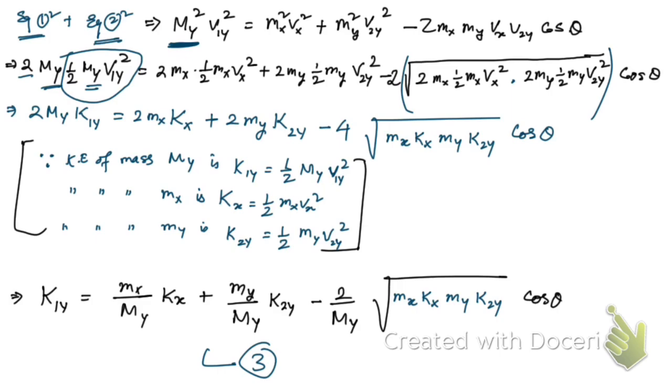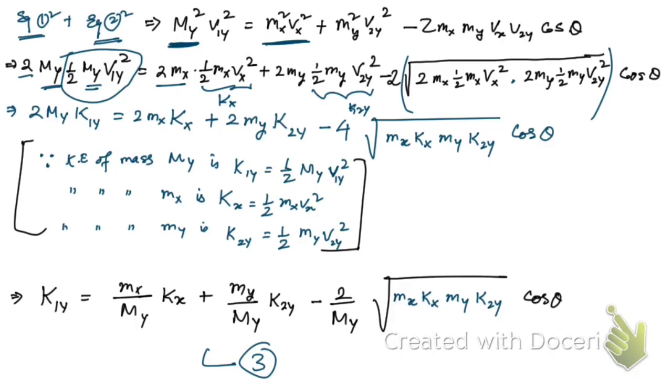Now you see, if we use this kinetic energy, similarly we can express this as 2 into half mx. If you multiply, the two cancels, mx square. So here we're going to replace this by kx, the kinetic energy of the particle of mass mx. Similarly we can replace this by k2y, the kinetic energy.